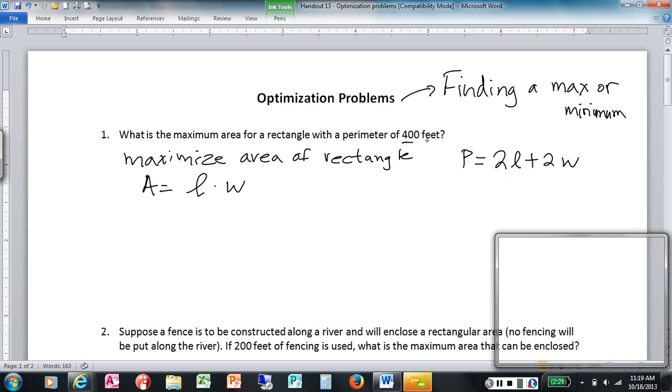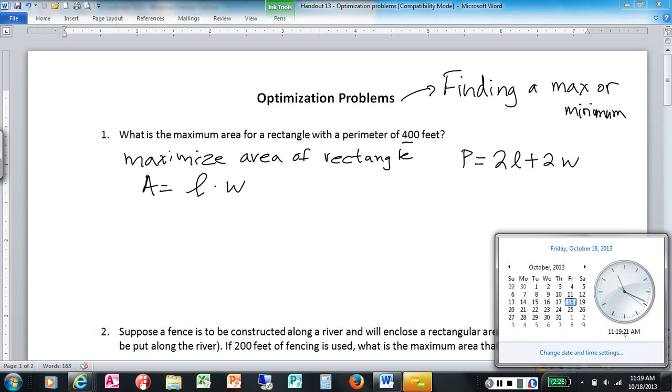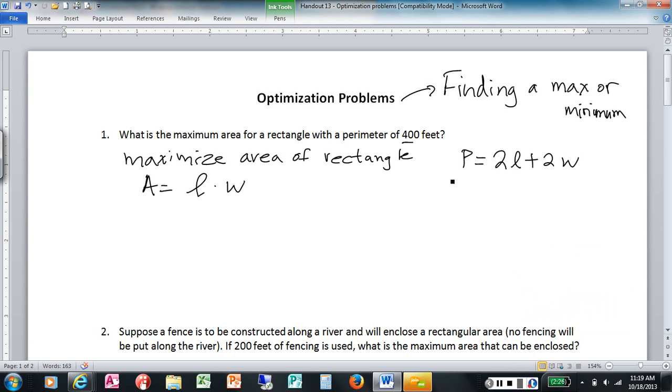I know that the perimeter is 400 feet, and so I'm going to substitute the 400 in for the perimeter, the known value. Can I solve my perimeter equation for my length or my width? Get L in terms of W or W in terms of L. In this case, it really won't matter.